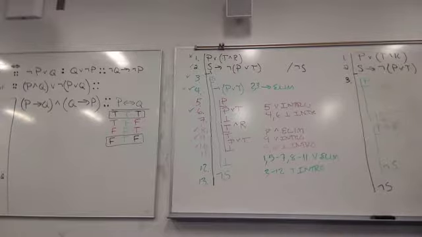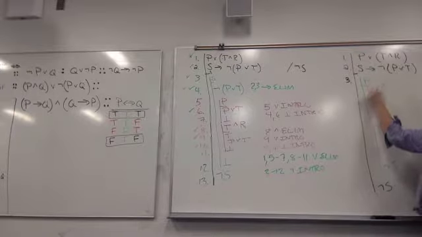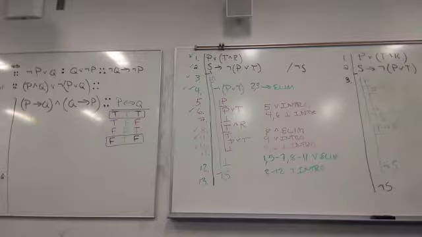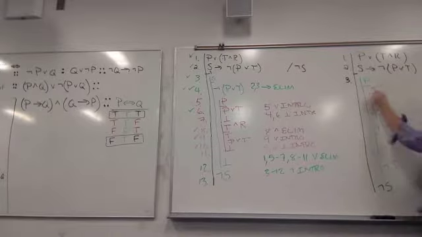What do we do when your conclusion is a negated sentence? Same stuff you were already doing.